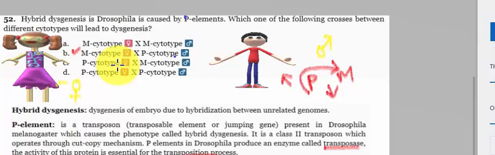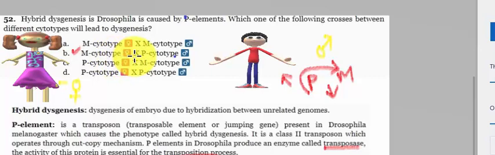So the resulting offspring show the wild type, that is the normal phenotype. But in a cross between the P element carrying male and an M cytotype female, repressors are absent in the maternally derived cytoplasm. Here, no repressors are present.